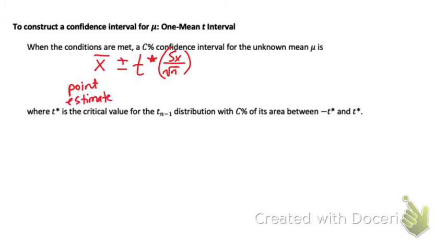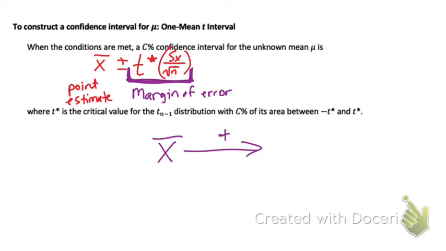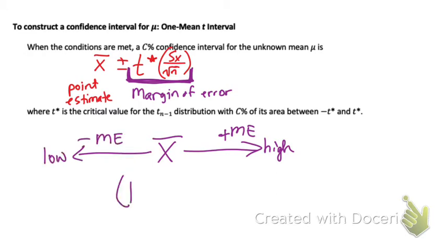Please remember that when I multiply these two together, the t star critical value and the standard error, I get the margin of error. And then I can take x bar and add the margin of error to get the high estimate and subtract the margin of error to get the low estimate, and that becomes my interval.